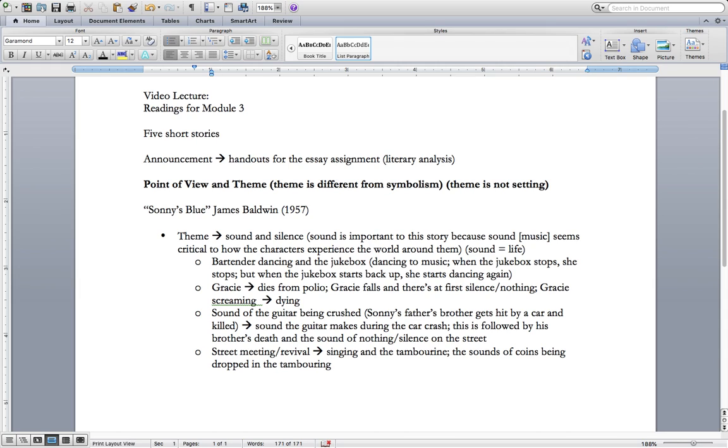The street meeting is a really interesting description because street meetings or revivals are supposed to be uplifting or inspirational and happy, but Sonny's brother's description of that doesn't really, at least from my interpretation, make the revival seem that way.